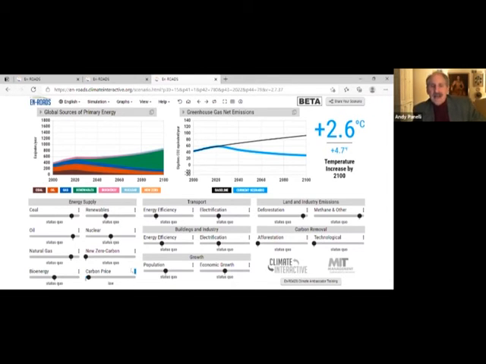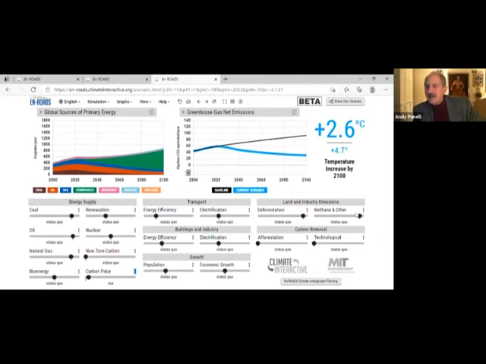So that one piece of action dropped us from 3.6 to 2.6, a full degree centigrade. It's the single most powerful lever there.